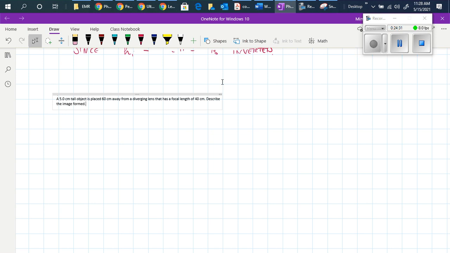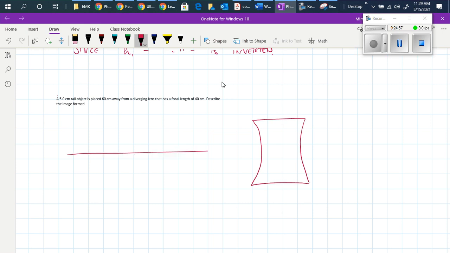Now, what do you have here? If the focal length is 40, then double the focal length is 80, and the object is between the center and the focal length. And you are dealing with diverging lenses, which means that you have something like this in terms of the ray diagram.